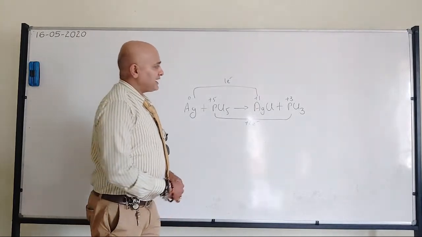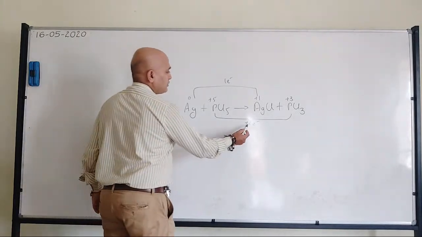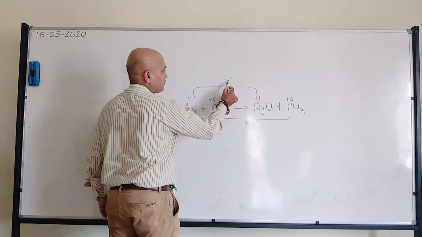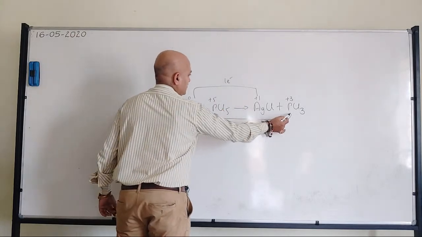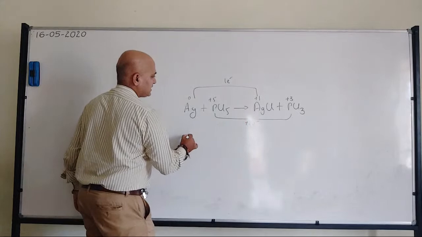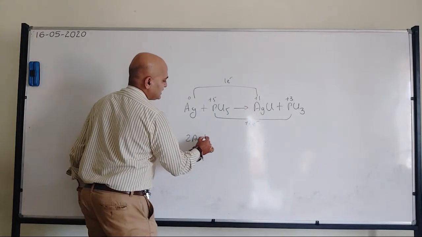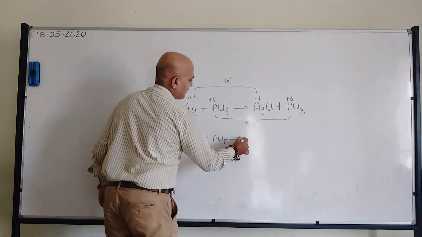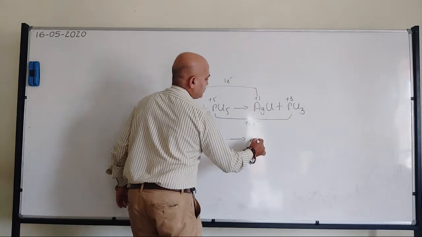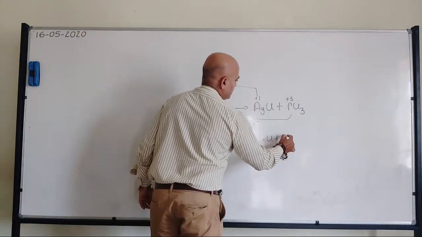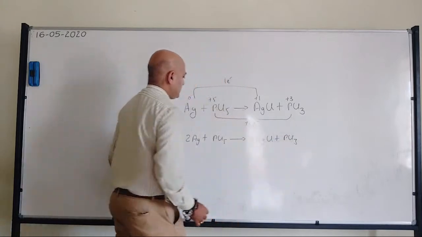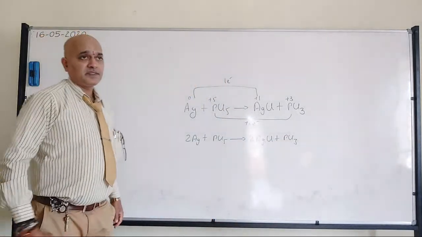So therefore we have to multiply the equation. Since here it is 2, since here it is 1, 1 should be multiplied here and 2 should be multiplied here. That means 2Ag plus PCl5, then 2AgCl plus PCl3. Done. The equation is balanced. Right?